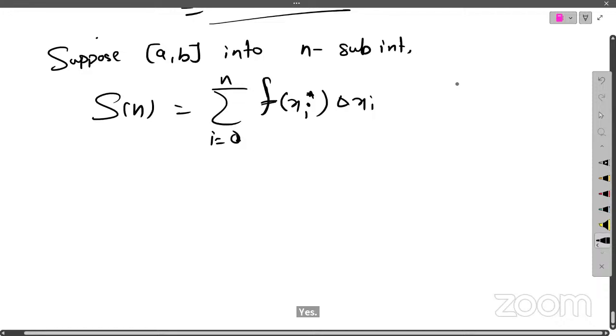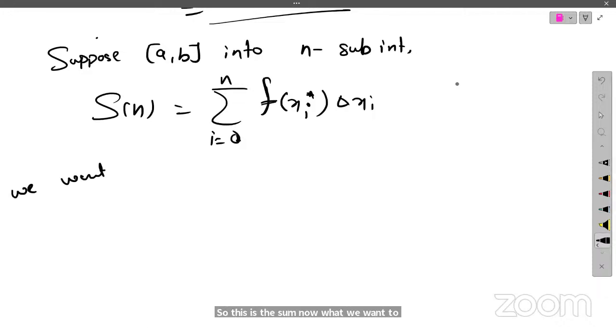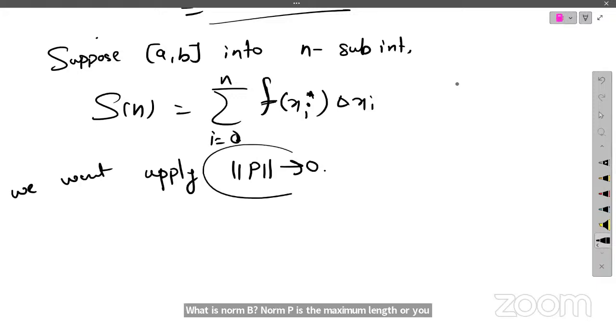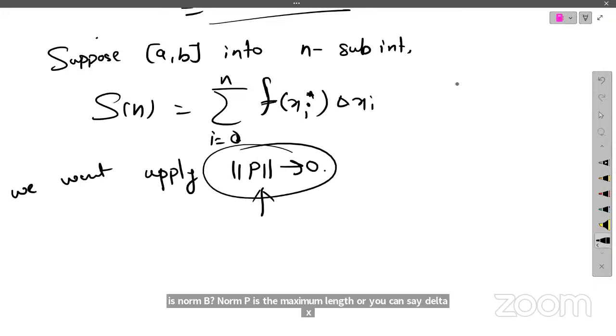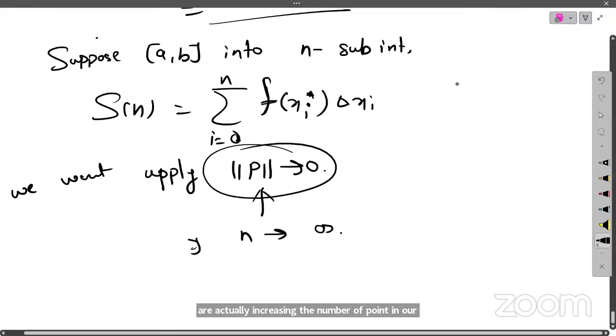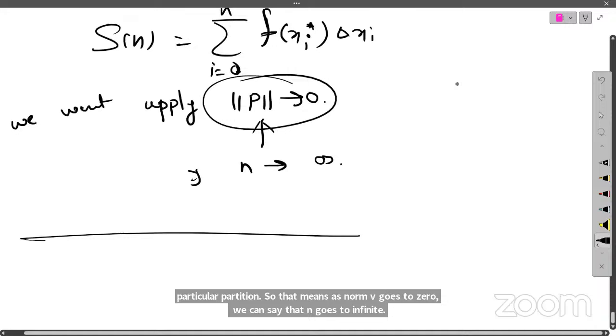Now what we want to do is apply this particular limit, norm p goes to 0. What is norm p? Norm p is the maximum length, or you can say delta x. As norm p goes to 0, we are increasing the number of points in our particular partition. So that means as norm p goes to 0, n goes to infinity.